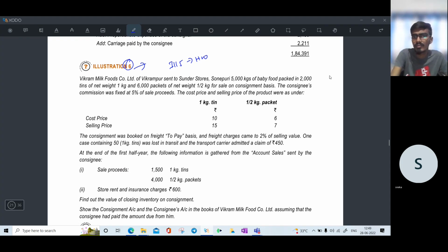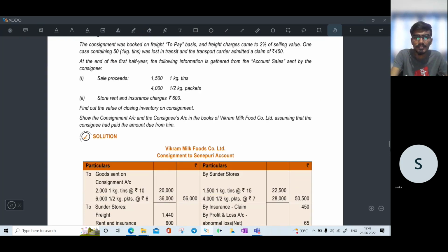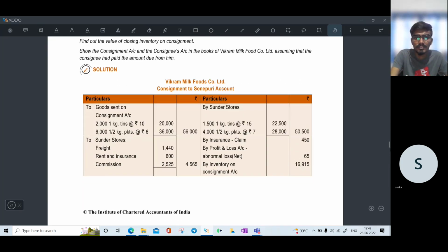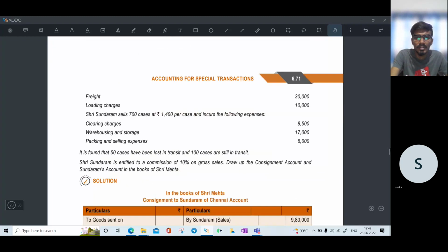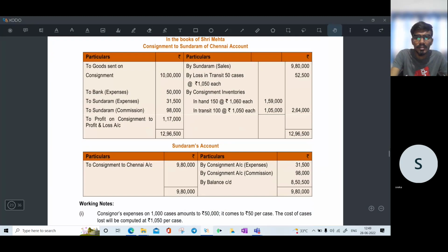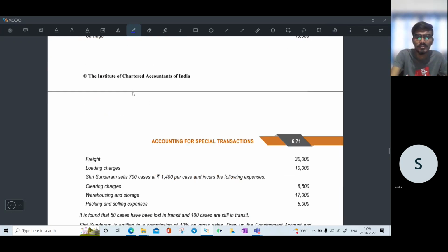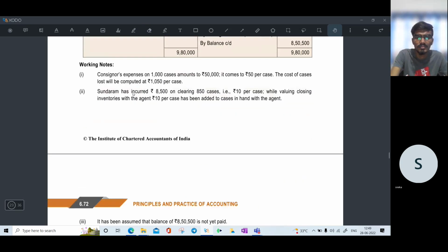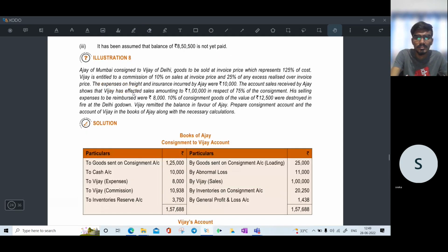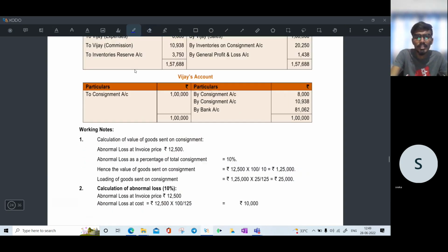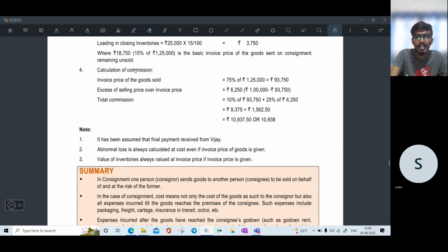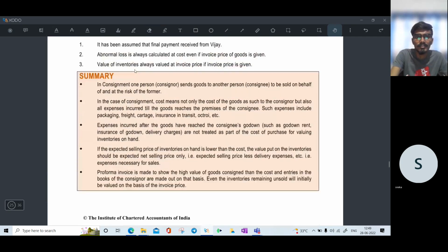Illustration 6 I will do in class. Illustration 7 I will do, and illustration 8 also I will do. You have only one sum, illustration 5, as homework. Other than this, I will do it in our class.